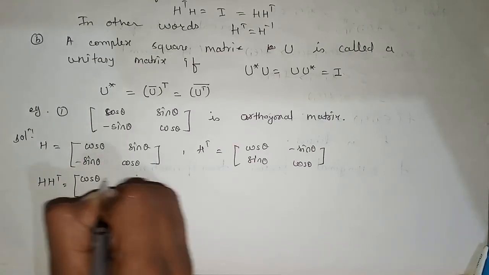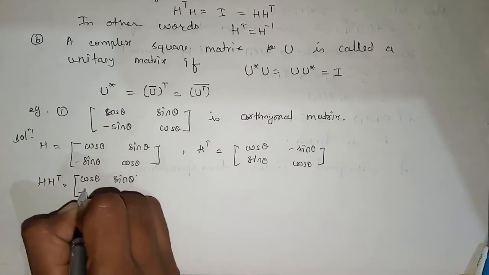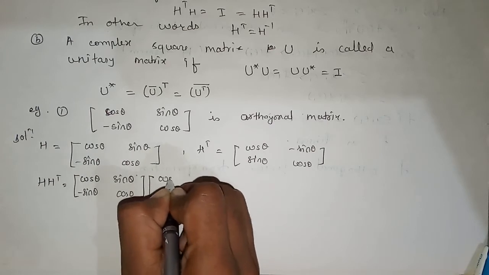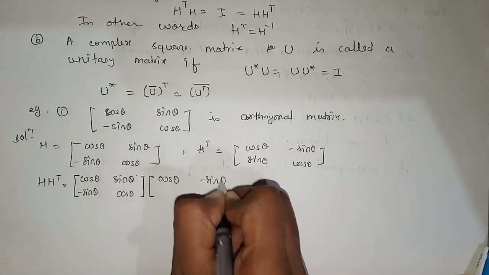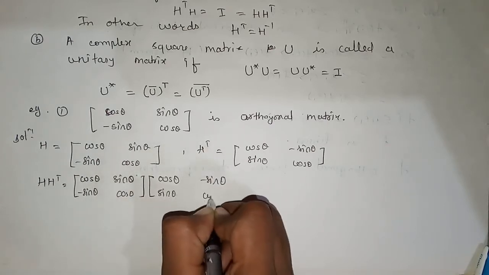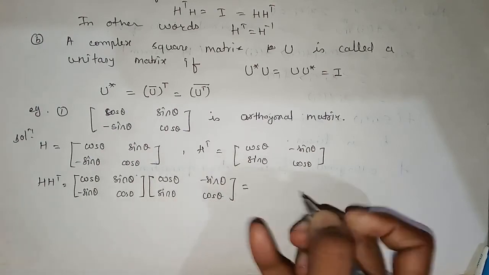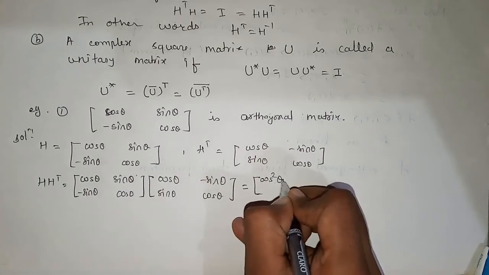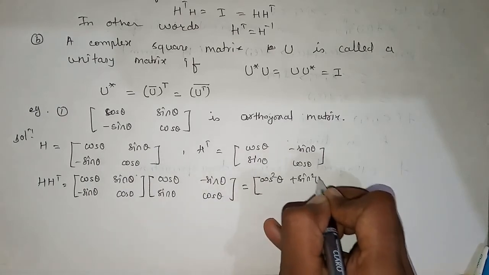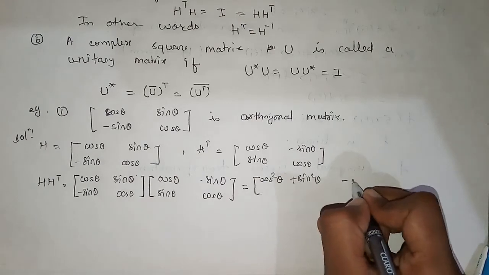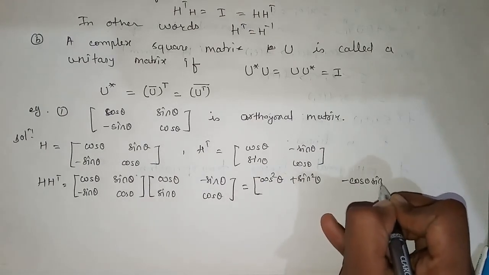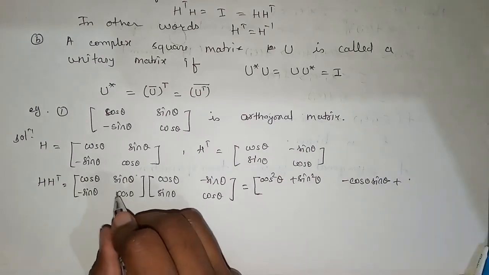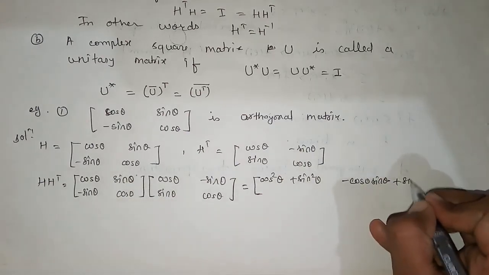cos theta sin theta, minus sin theta cos theta, times cos theta minus sin theta, sin theta cos theta, this is equal to cos square theta plus sin square theta, cos theta into minus sin theta, so minus cos theta sin theta plus sin theta cos theta.